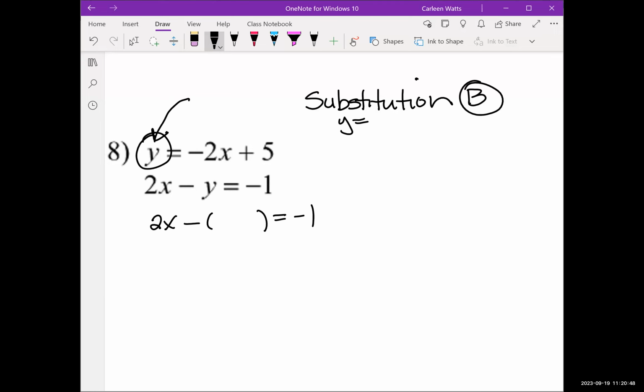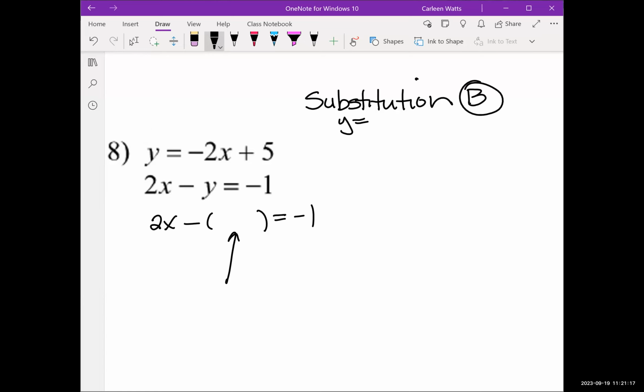So substitution. Think about a substitute teacher. Your teacher is not there. This other person goes into their place. Substitute teacher. So I've removed the y. I need to put something in its place that is equivalent. So what am I going to put? And notice I put parentheses.